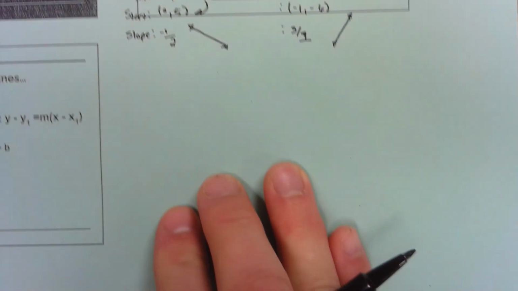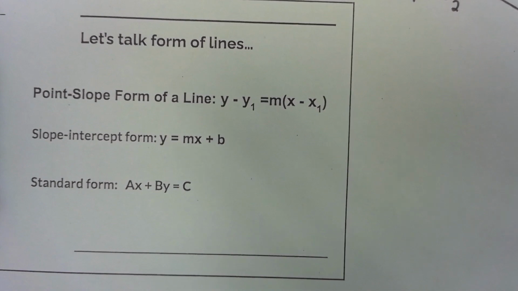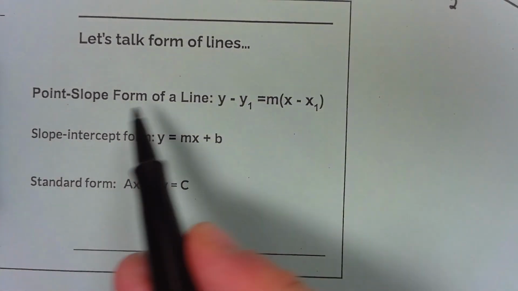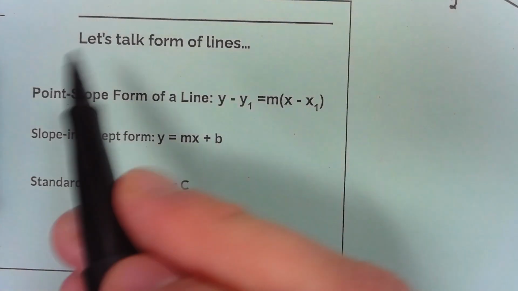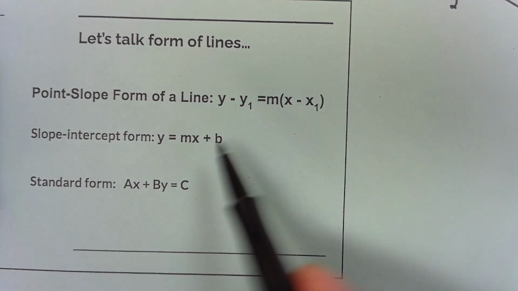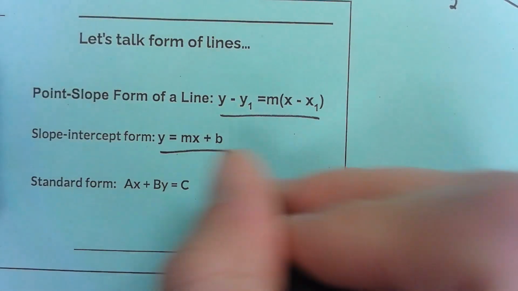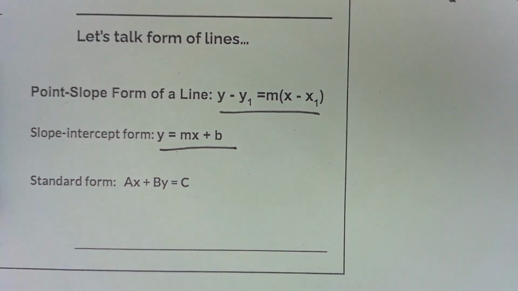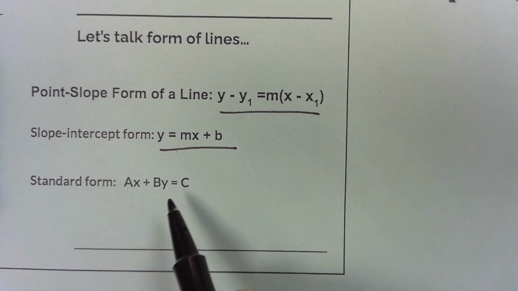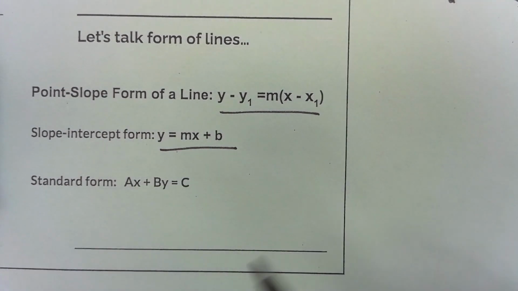Okay, so we've already taken a look at point-slope form, and remember the name tells you just about everything, right? Point-slope, we're given a point and the slope. Slope-intercept, we're given the slope and the y-intercept. So we've already worked with these two forms. Our last form is what's called standard form, and it's where we have x and y on the same side, and then A, B, and C are whole numbers.